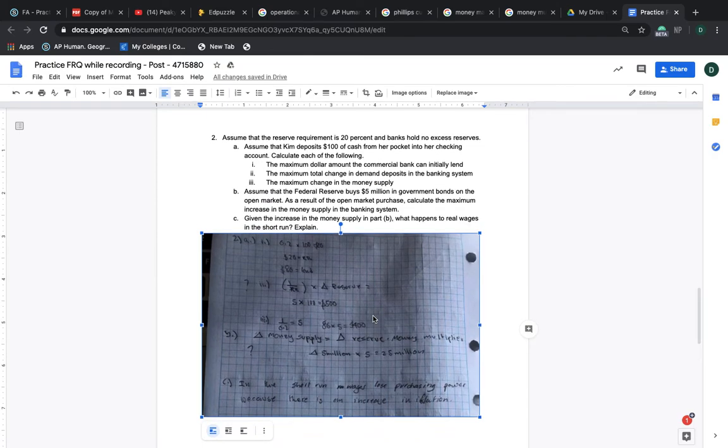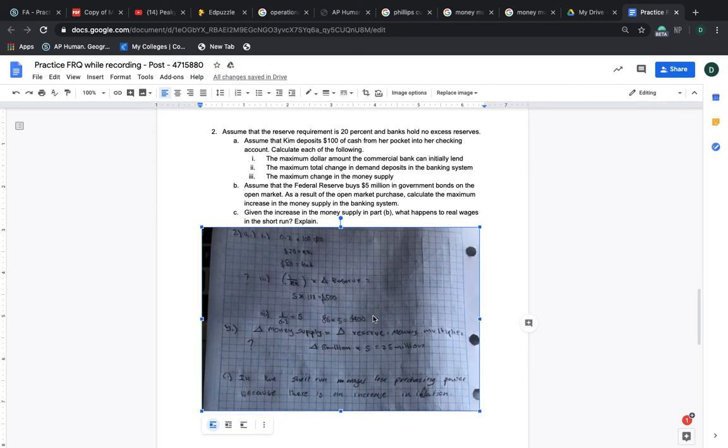And finally, assume that the Federal Reserve buys 5 million in government bonds in open market operations. As a result of the open market purchases, calculate the maximum increase in money supply in the banking system. So this one I had no idea as well, so I had to look for the formula, and it looks like change in money supply equals change in reserve times money multiplier.